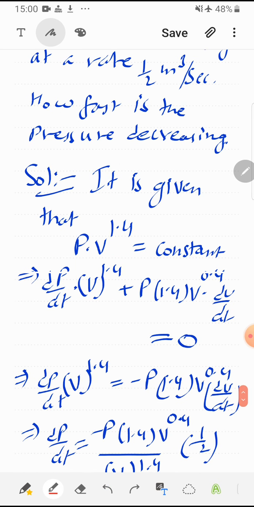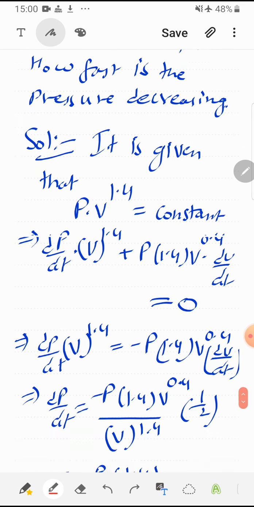Now separating the terms to both sides, and obviously we have to find dp by dt, so I am shifting the rest of the terms. Also I am putting the value of dv by dt, which is half. No, it is increasing, so it is half.